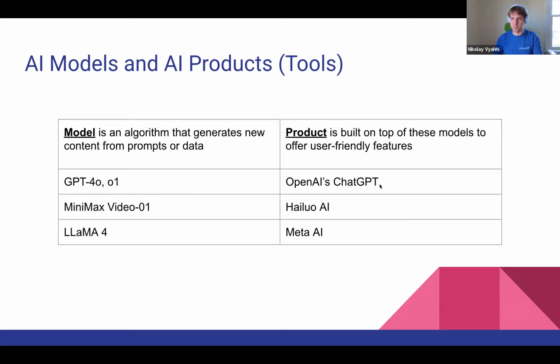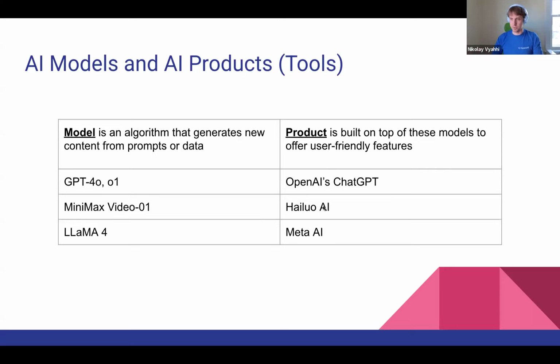For example, OpenAI ChatGPT is a product on top of OpenAI's GPT models. And products may have additional features like search, or reasoning capabilities. Some reasoning you can nowadays also find in models, but products usually have additional reasoning and workflows to provide you with a better result.